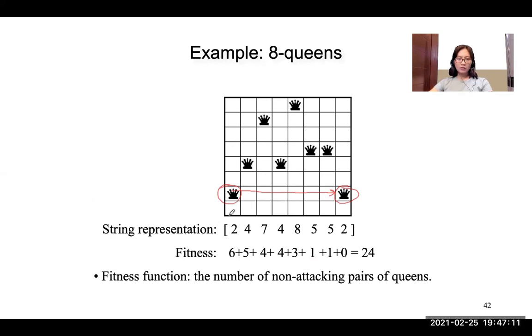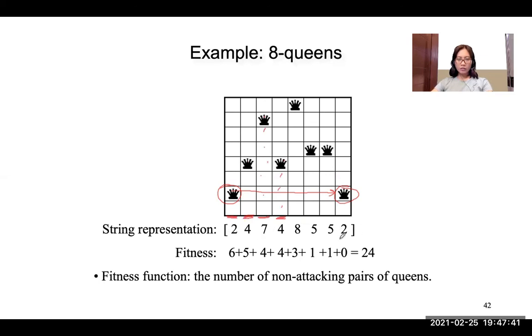For example, the distance from the base for this queen is 2, because 1, 2, I put 2. 1, 2, 3, 4, I put 4. And then the next digit is 1, 2, 3, 4, 5, 6, 7. I put 7. The next digit 1, 2, 3, 4. I put 4. Okay, so that's my string representation.